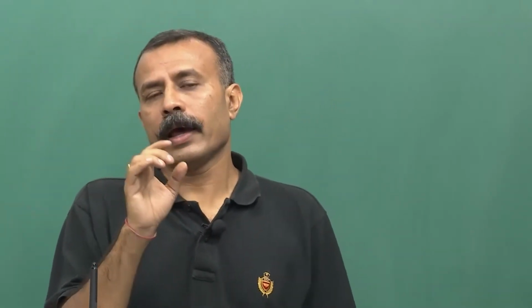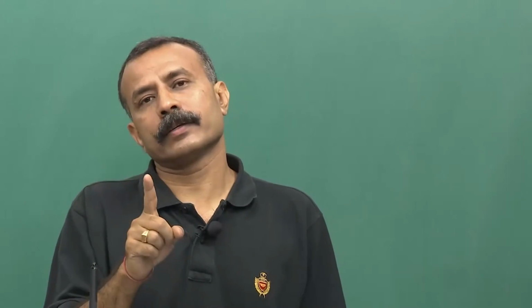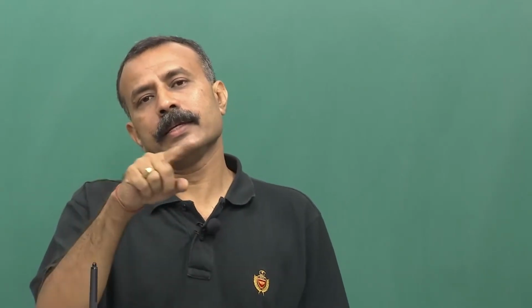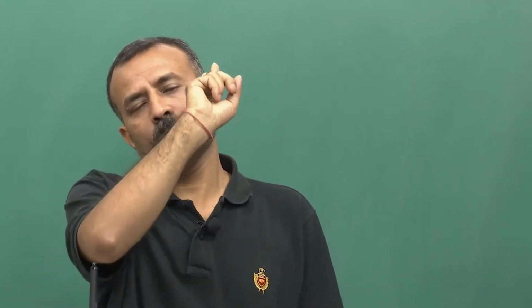And this is not the sarcomere. Sarcomere is where the length is changing. There is something else which could sense it, and as soon as that senses it, it sends a message all the way to the nervous system, and the nervous system then sends a message to the muscle to come back to its original position.